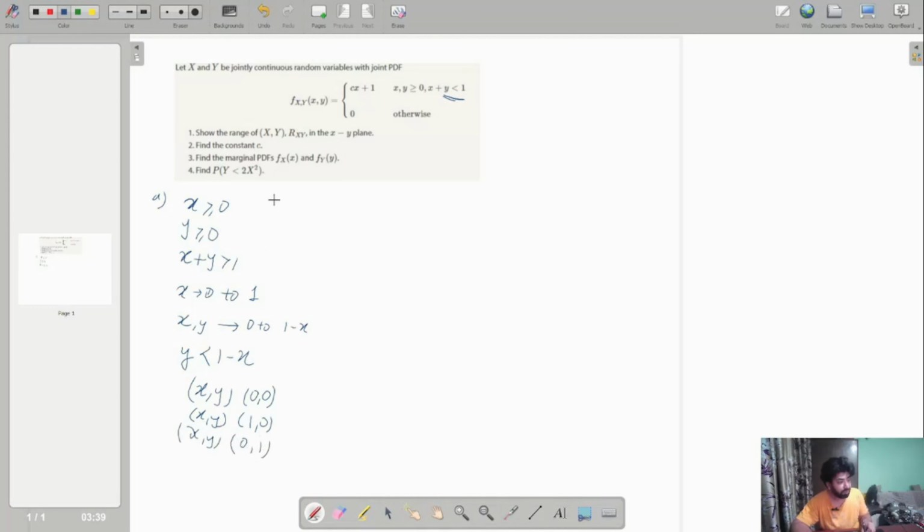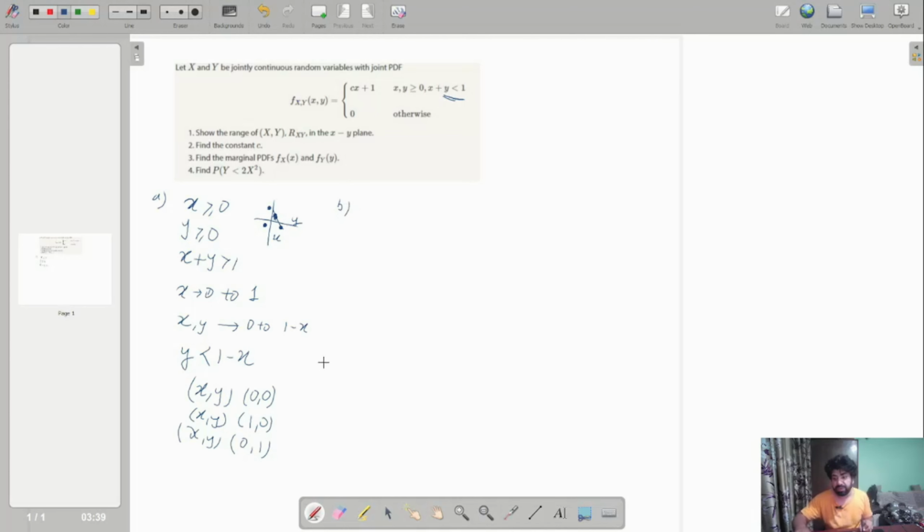If you plot this, you will have one point here, one here and one here. This will be the triangular region of this joint PDF, and this will be the range also. So we are done with part 1.